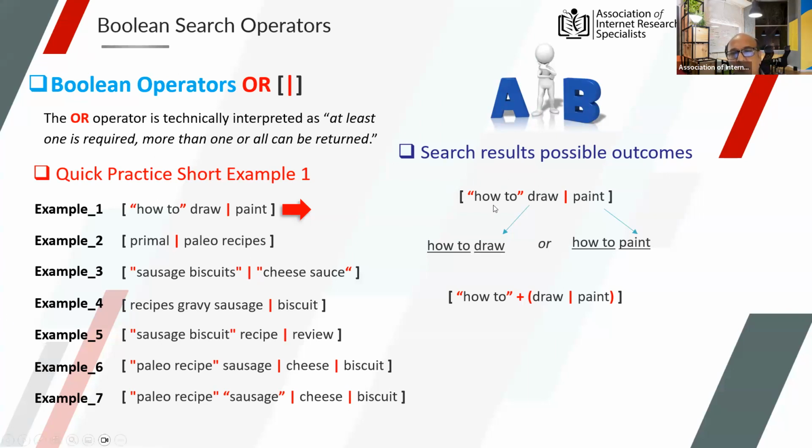In the first one, it is showing "how to draw paint". So what will happen is when you have draw or paint, it will first of all try to find a page that contains both "how to draw" and "how to paint". So that would be the default action. Next action would be similar to this, nothing spectacular about it. But let's look at the second example.